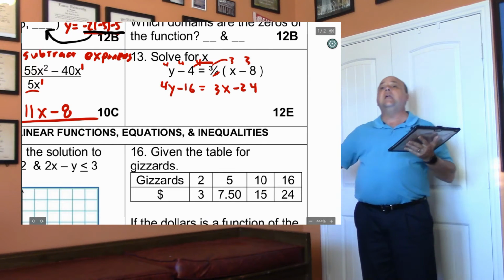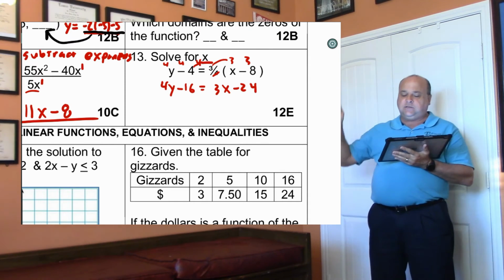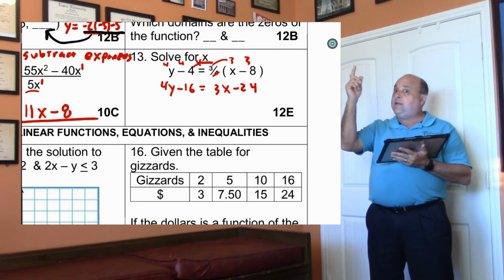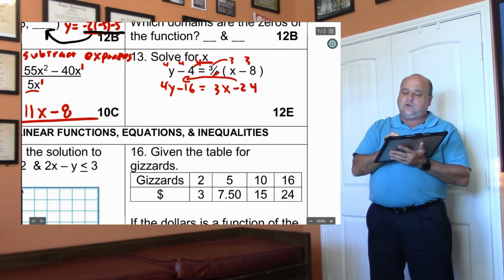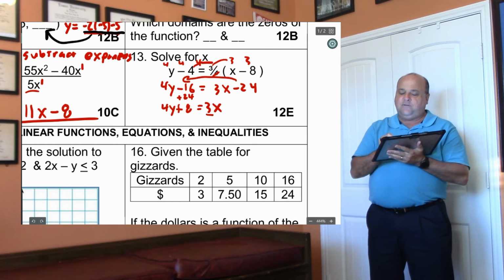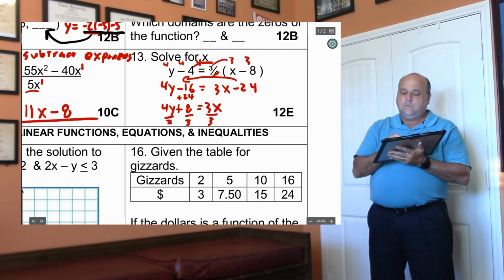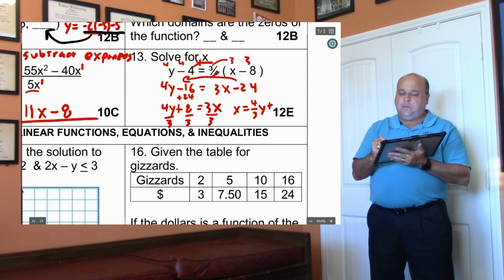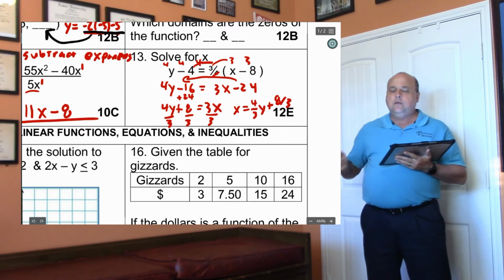This is what's called the inverse of a function when you solve for x. So I want to solve this for x, not y, so I'm going to move the 24 over here. So I'm going to end up with 4y plus 8 equals 3x, and then divide by 3. So I'll end up with x equals 4 over 3 y plus 8 over 3.